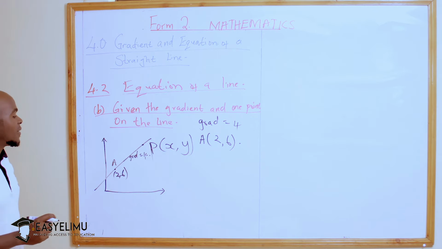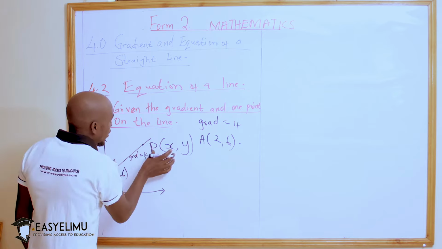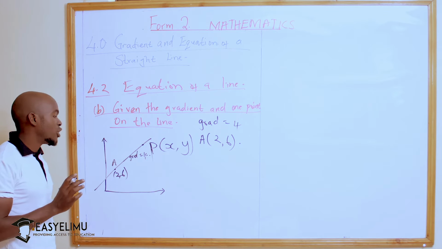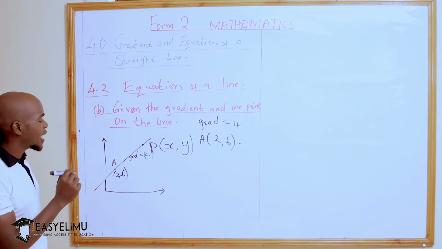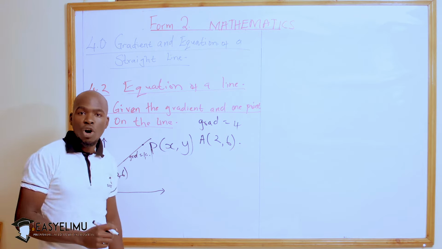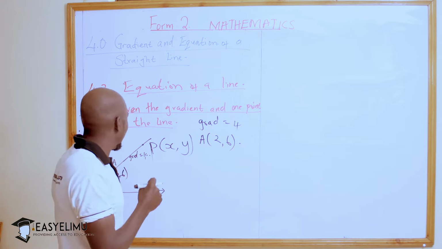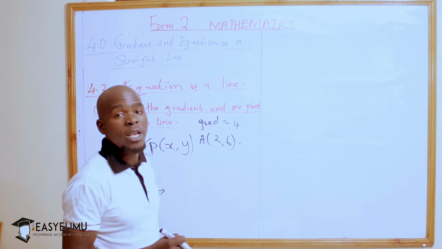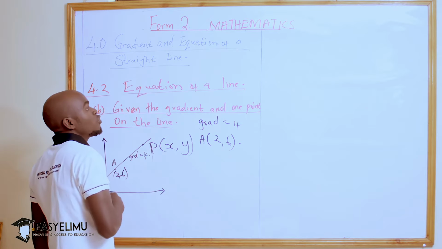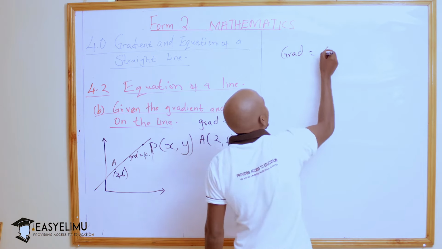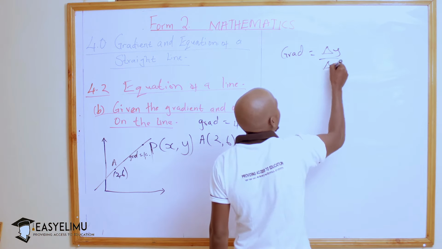If P is my selected point, then to find the gradient now, it will be the change in vertical displacement over the change in horizontal displacement, which in short form is the change in y over the change in x.